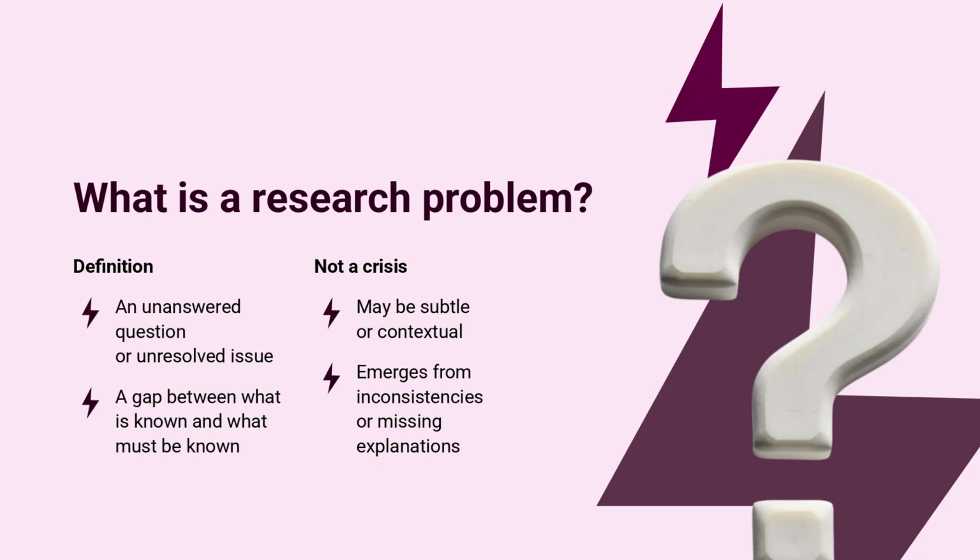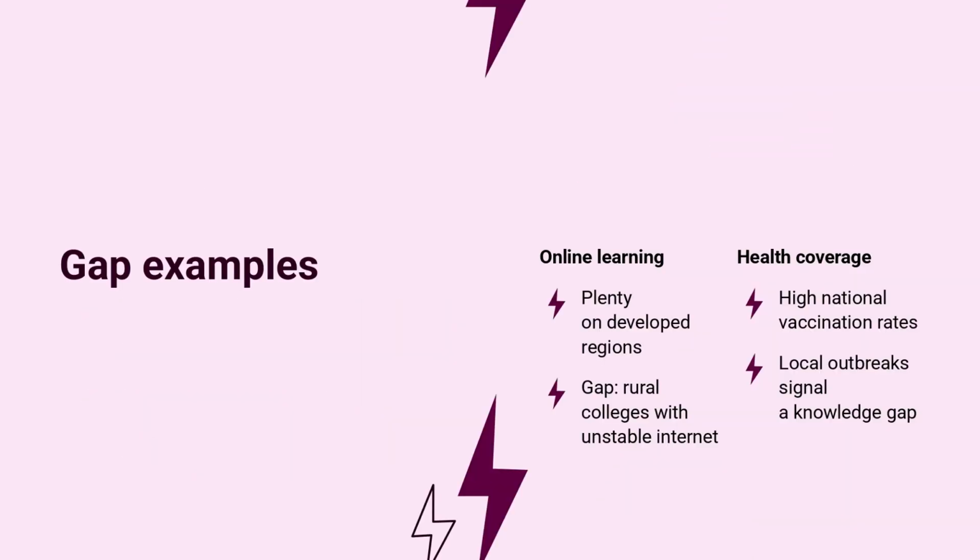For example, imagine you're studying the effects of online learning on students' academic performance. There's already a lot of literature about online learning in developed countries. But what about rural colleges in your country where internet access is unstable? That gap, the difference between global knowledge and local experience, is your research problem.